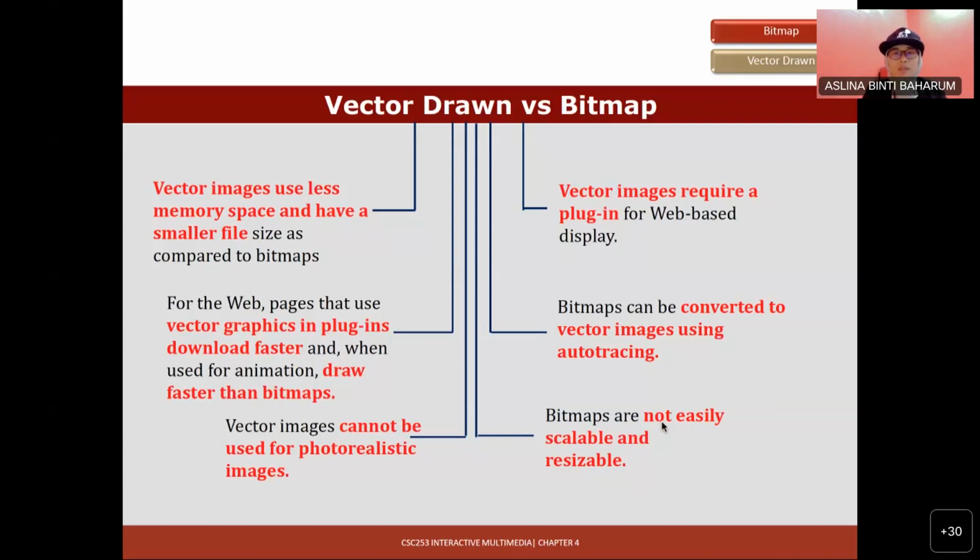In other words, vector can do it, because it only has lines. So if you want to make it bigger, you scale it easily, because it is only a drawing with a smaller file size.